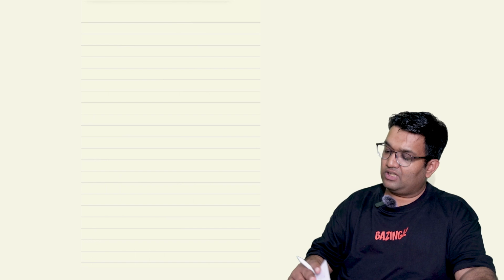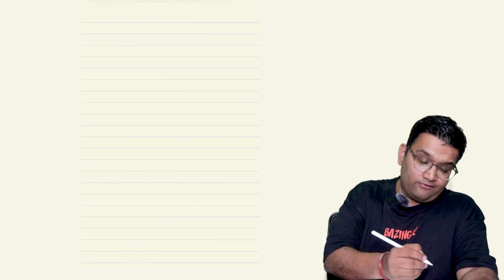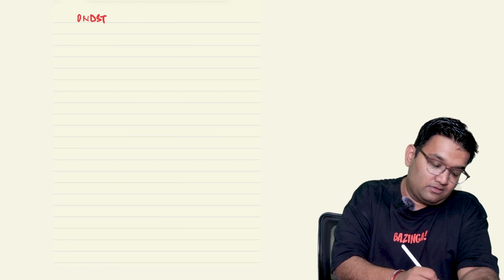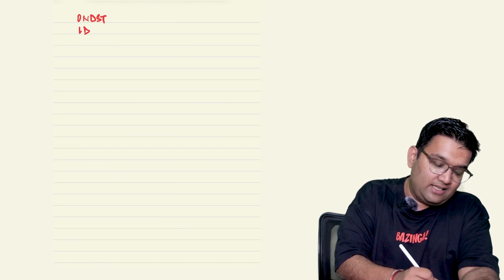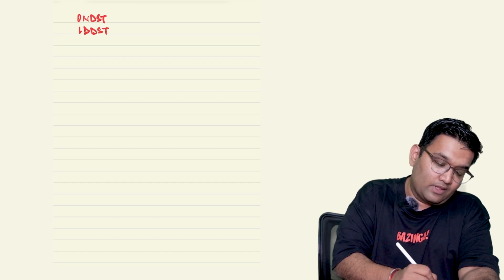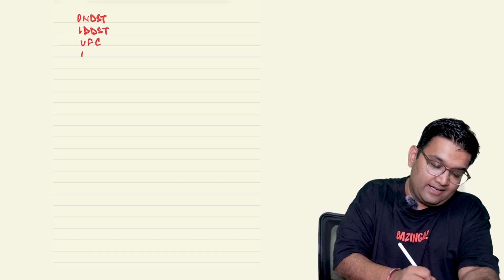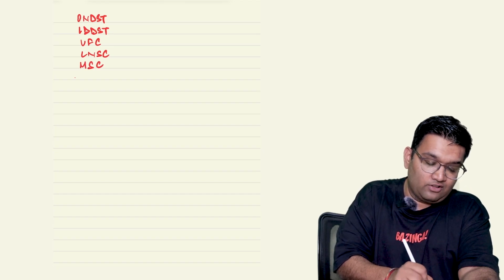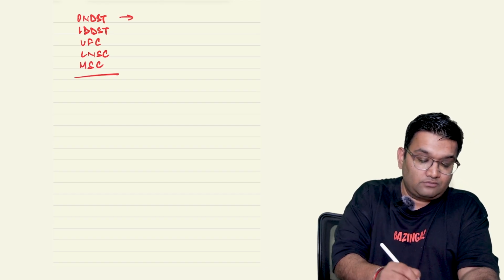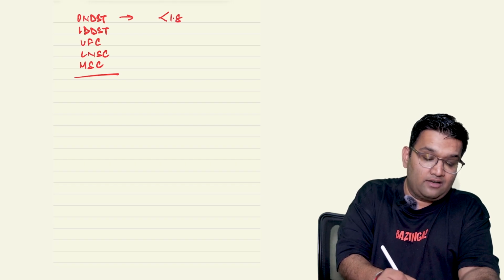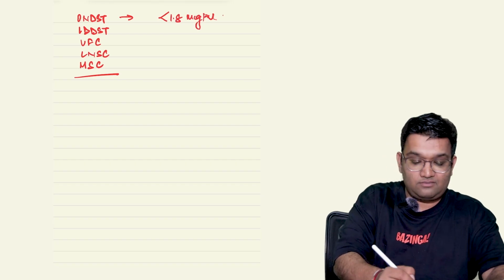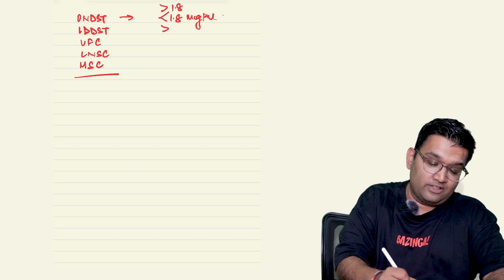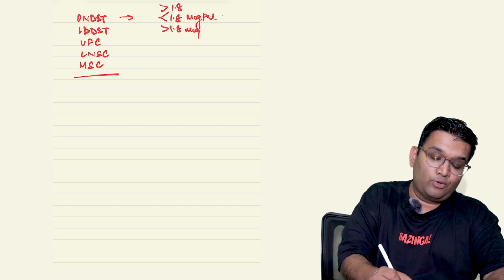We come to the features of tests such as ONDST, LDDST, UFC, LNSC and midnight serum cortisol levels. So less than 1.8 microgram per deciliter is a negative test, and more than 1.8 is positive. Here also more than 1.8 microgram per deciliter is positive.